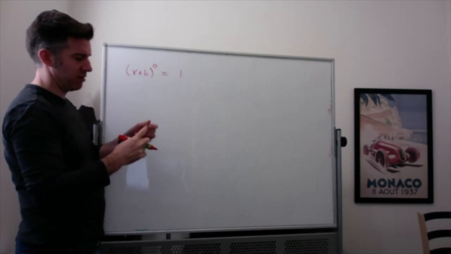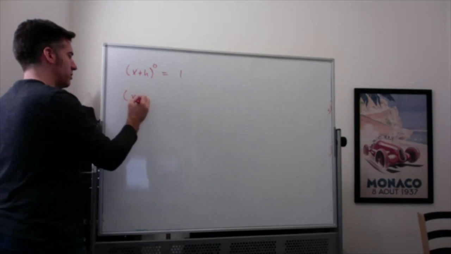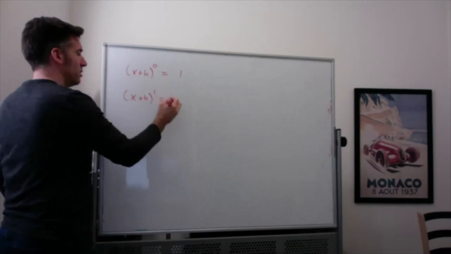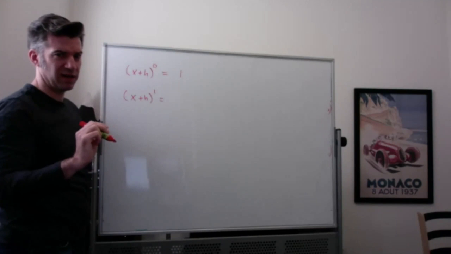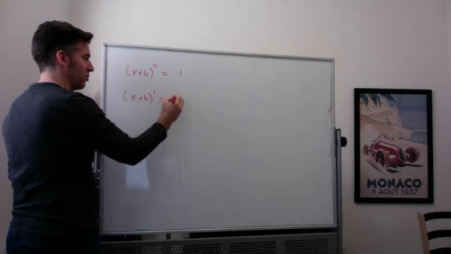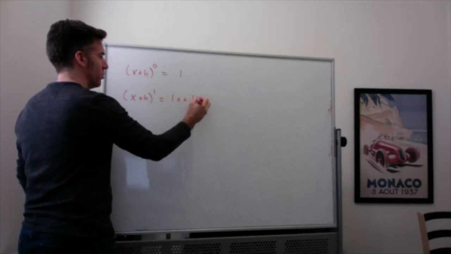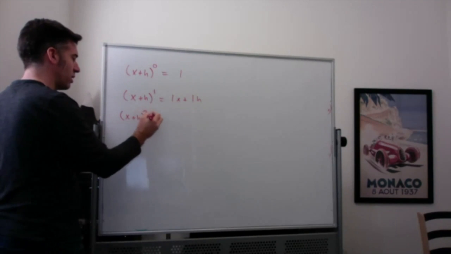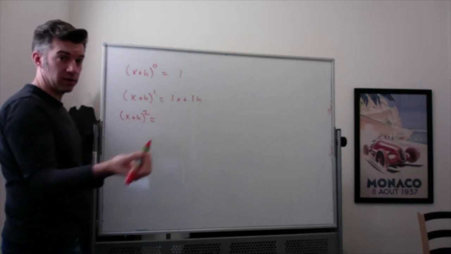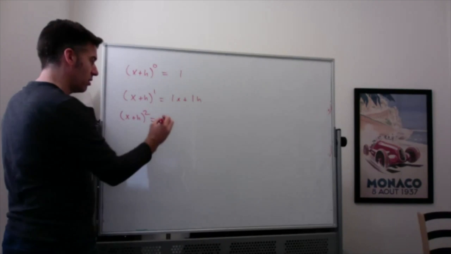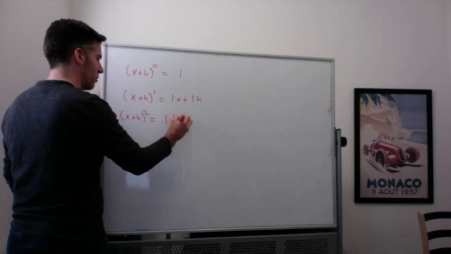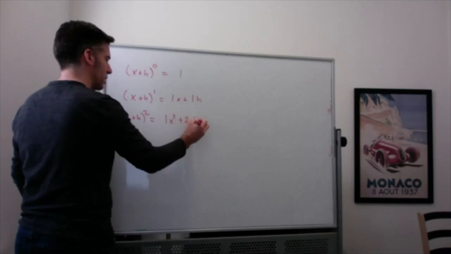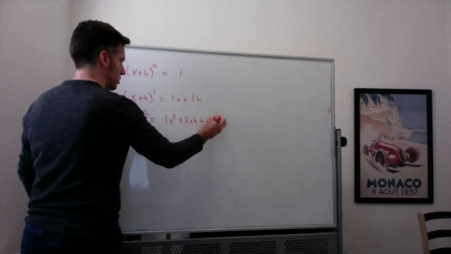And then x plus h to the 1st is just x plus h. I'm going to write it in a very specific way, as 1x plus 1h. And hopefully we know that x plus h squared is x squared plus 2xh plus h squared, which I'm going to write as 1x squared plus 2xh plus 1h squared.